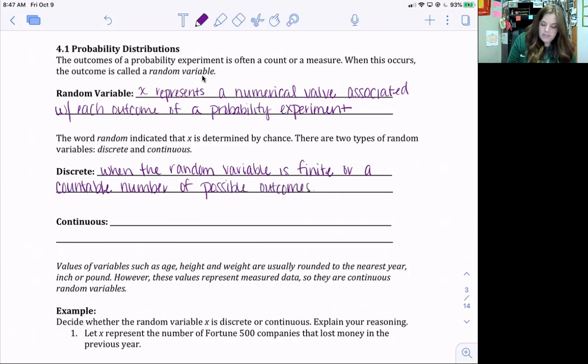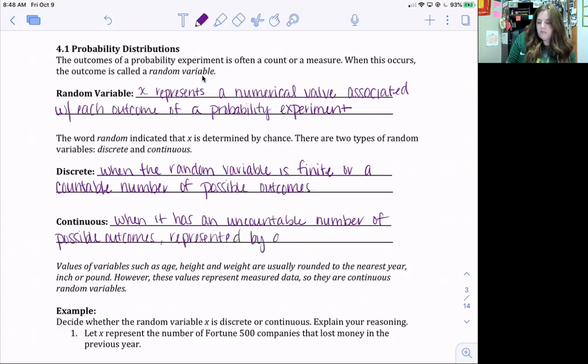Continuous is when it has an uncountable number of possible outcomes represented by an interval on a number line.